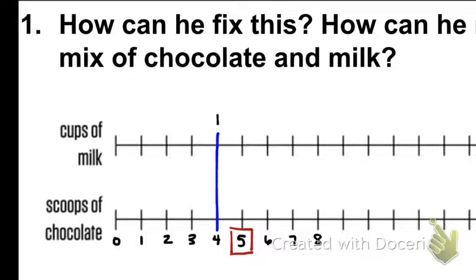So if he added 3 more scoops, let's see, this is 0. How much are each of these little lines representing on the cups of milk? 1/4. So we have 1/4. Here we have 2/4, but that reduces down to what? 1/2. And then 3/4. And this is 4/4, but that's the same thing as 1, right?